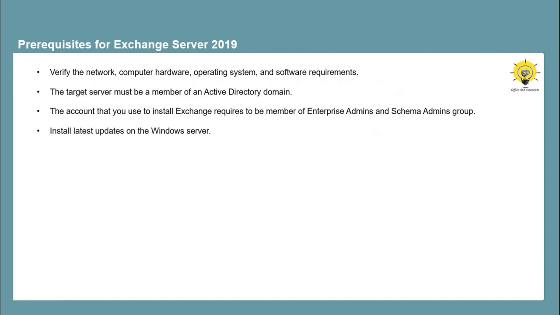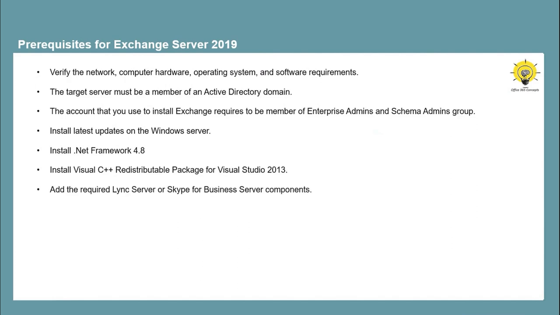After these prerequisites are met, we will install .NET Framework. After that, we will install C++ package for Visual Studio. If you want to integrate Skype for Business or Lync Server, then we need to install required components. Then we will install Unified Communications Managed API.